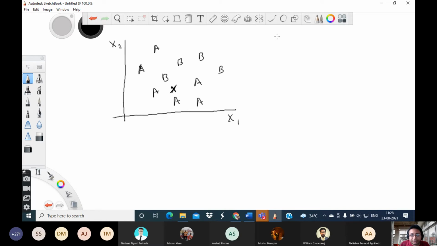So what was said right now is that we consider the nearest neighbor. What is the nearest neighbor? First, you calculate the distance from X to all the training points.